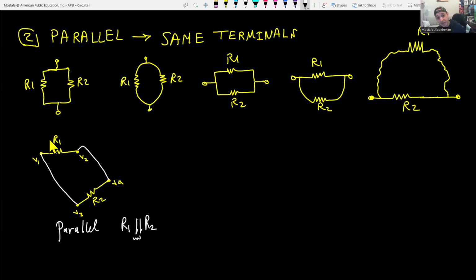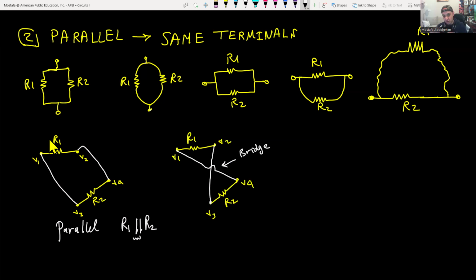Okay, same example. I'm gonna do another connection. R1, R2. This is V1 again, V2, V3, and V4. What if I did it like that, V2 with V3 and V1 with V4? Look, guys, this is called a bridge.